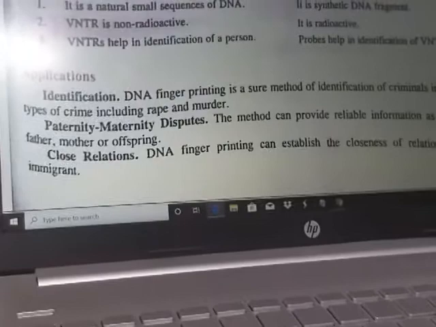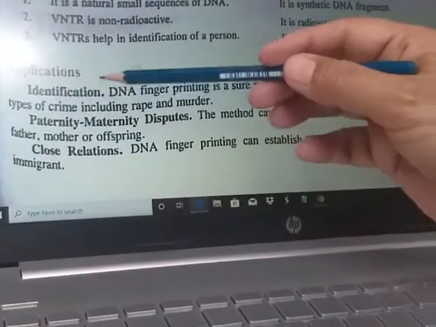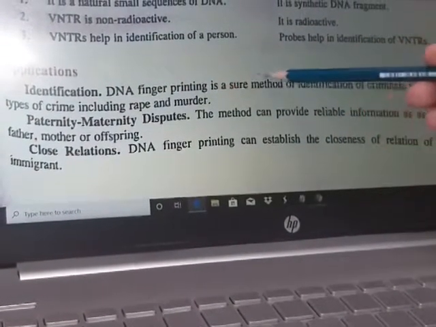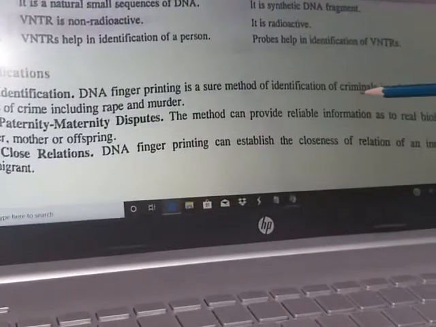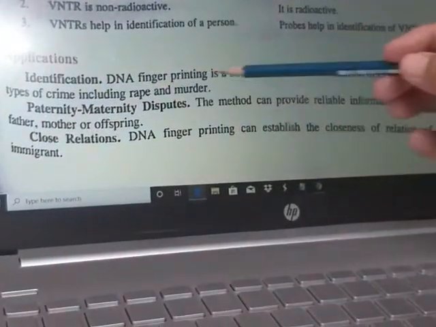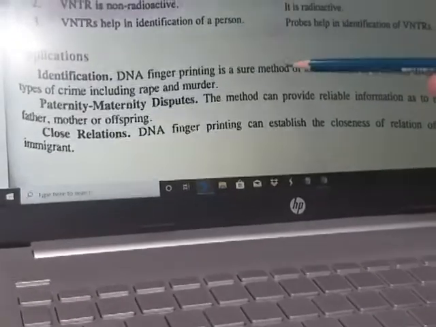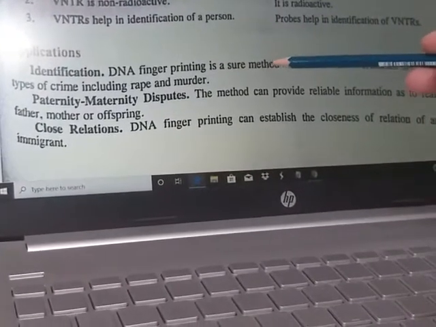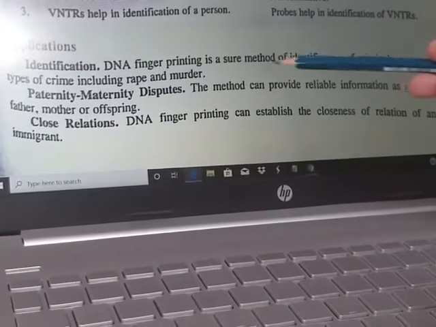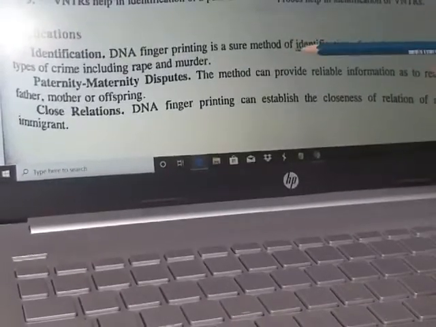Next, what are the main applications? It is used for identification. DNA fingerprinting is a sure method of identification of criminals involved in various types of crime, including rape and murder, because from the crime site certain cells, tissue, hair, or saliva can be obtained, and they are used in DNA fingerprinting.